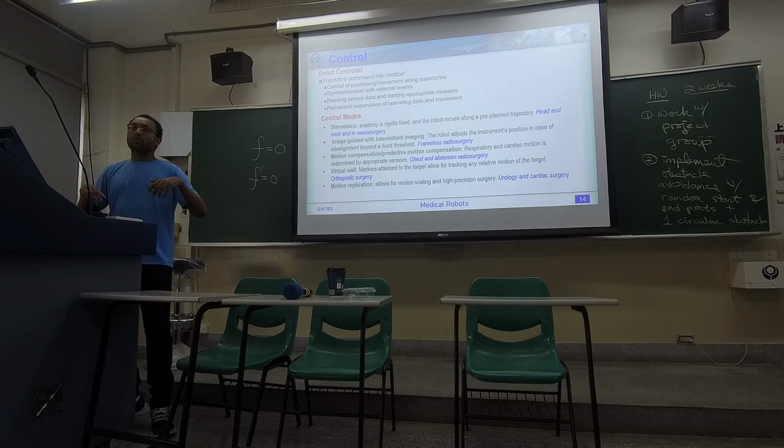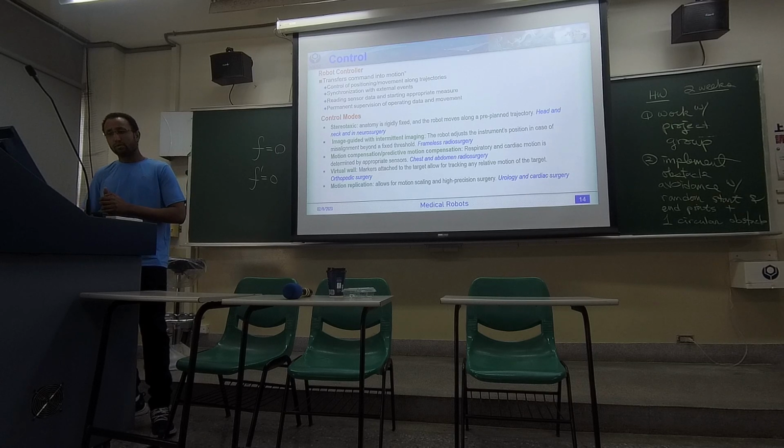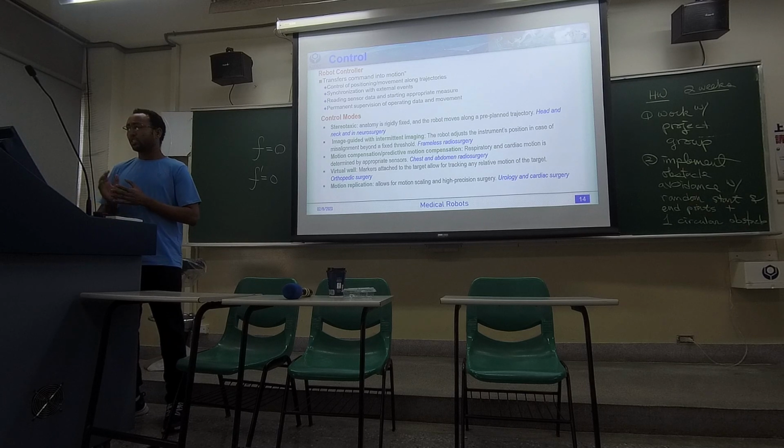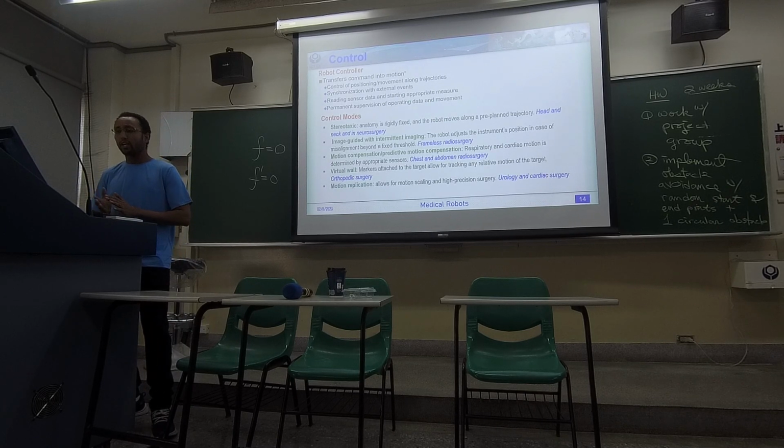In general, for all medical robots, the control commands can be categorized into 5 groups. Stereotactic, where the anatomy is rigid, or the patient is rigid, and the robot moves along a pre-planned trajectory, just like for head and neck neurosurgery. Another type of control mode is image guided with intermittent imaging.